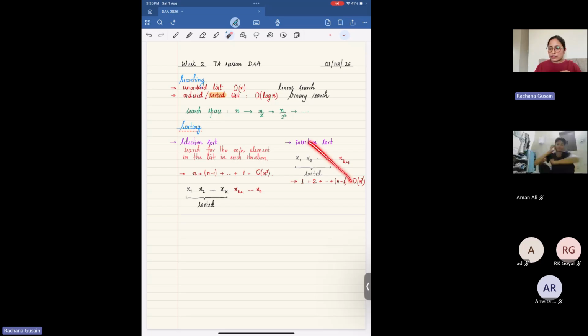Okay, forget about the insertion for now. What can we say about these first k elements? Where are they coming from in the selection sort? What is this x1? This is the smallest element in the entire array.